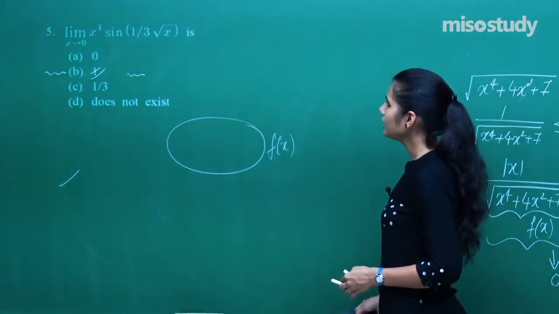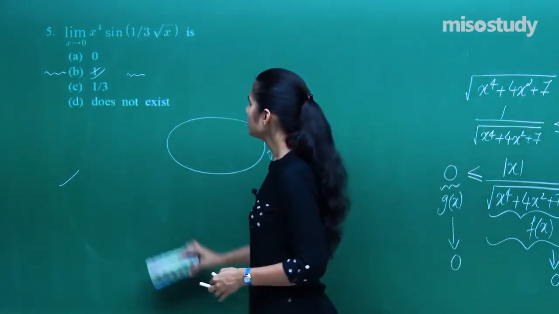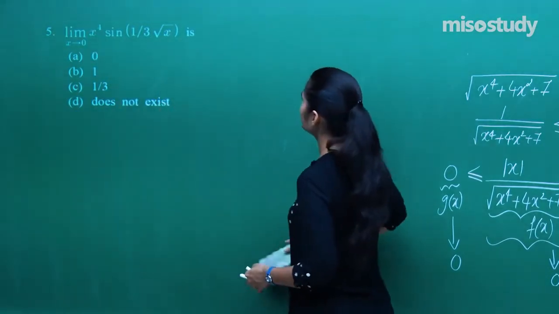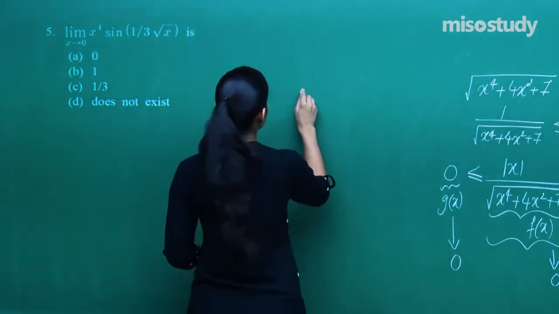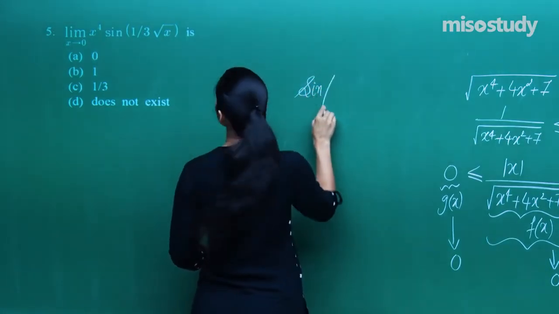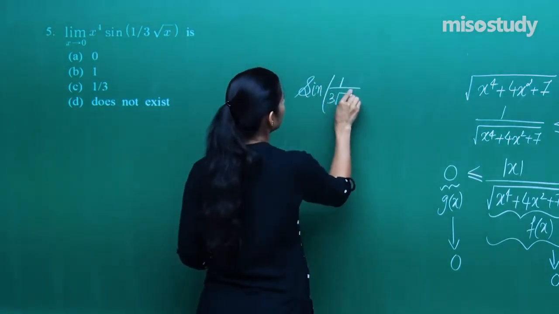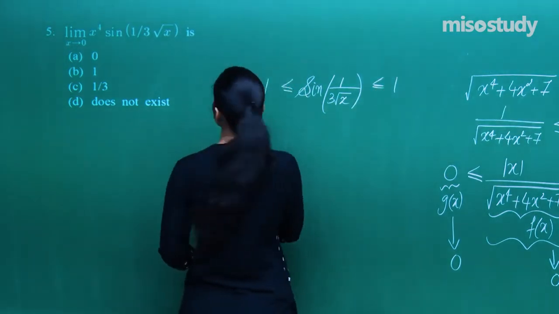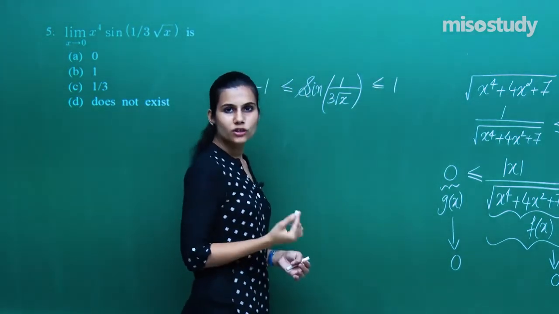Moving on to the next part, we have the limit of x to the power 4 sine of 1 by 3 root x. Now, this is pretty easy again. Here, if you talk about this function as f(x), you know that sine of any argument is less than or equal to 1 and greater than or equal to minus 1. X to the power 4, you know, is a non-negative function.